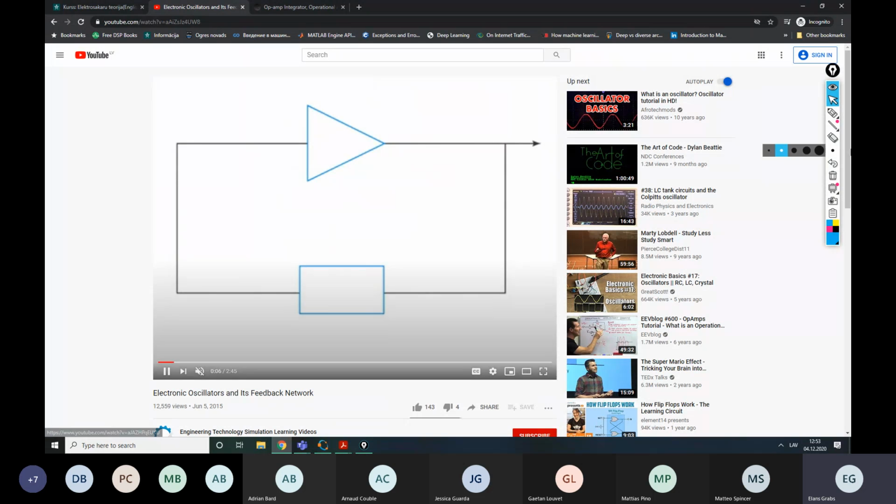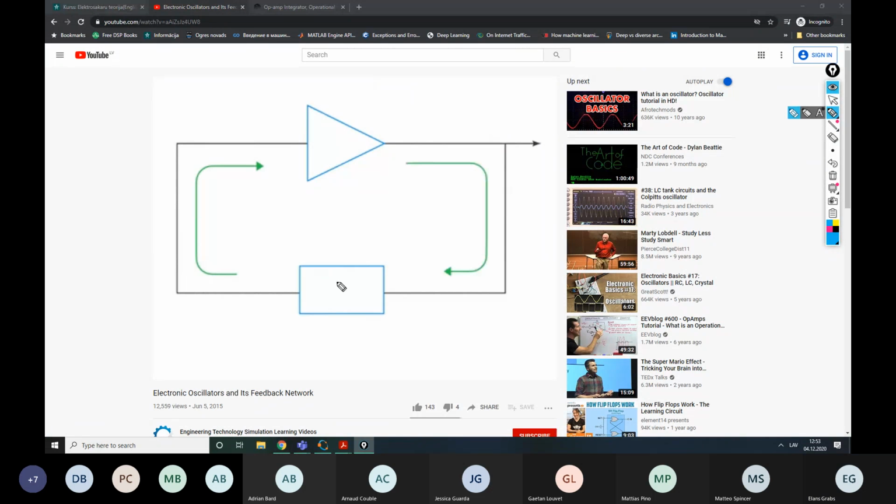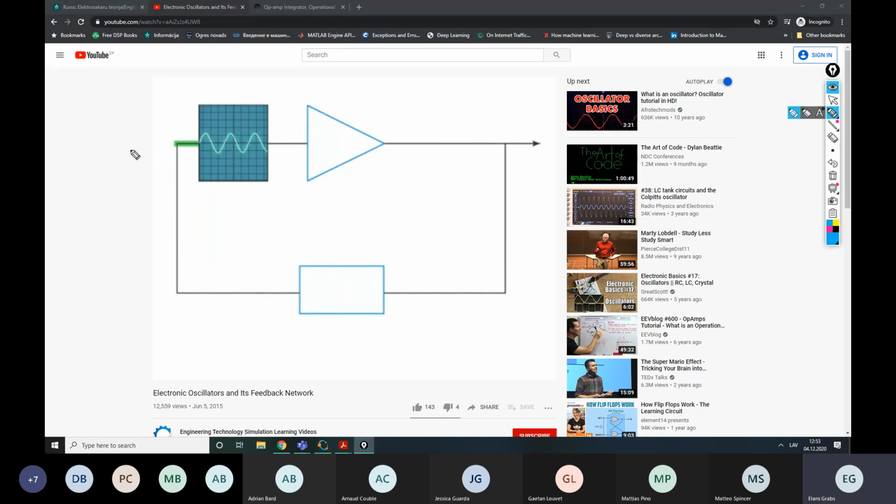So the idea here is: here is our amplifier and here is our feedback network. You send to the amplifier a signal with a certain frequency. This amplifier improves the strength of the signal, but also changes its phase. It is an inverting amplifier, by 180 degrees or by pi.